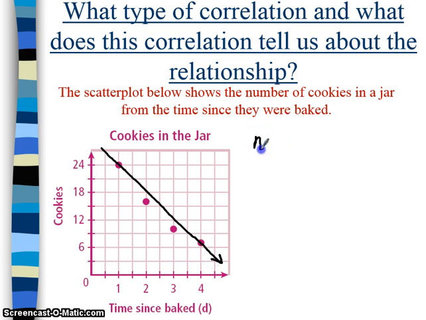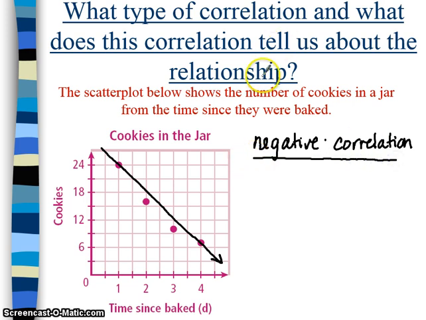We would call this a negative correlation. This negative correlation can tell us about the relationship. So remember, with a negative correlation, as one variable goes up, the other one goes down. In other words, as the days go up, the number of cookies in the jar decreases.